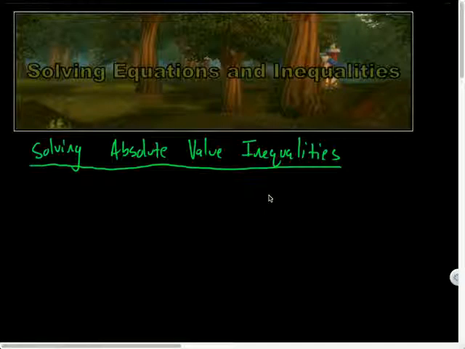Greetings, friends. So you have come here with the skill of solving equations, the skill of solving absolute value equations, the skill of solving inequalities. But what if I combined those skills? It's like if you've been learning karate so far and I taught you how to punch and then how to block and then how to kick, right?